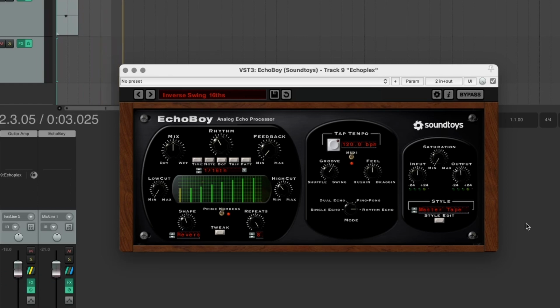We can also become even more methodical and intentional about the delay times we use, dialing in a delay time by the fraction of the millisecond, or locking it into the exact BPM and rhythmic feel of the song.